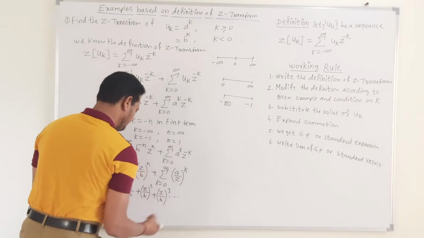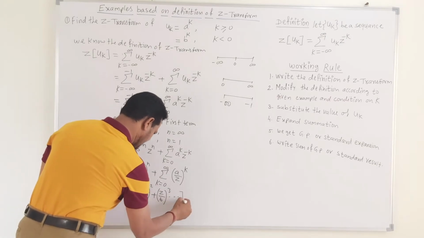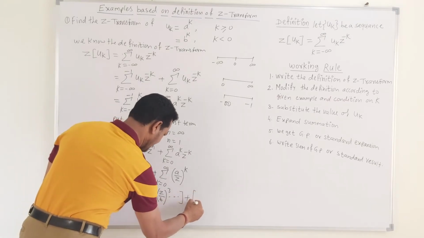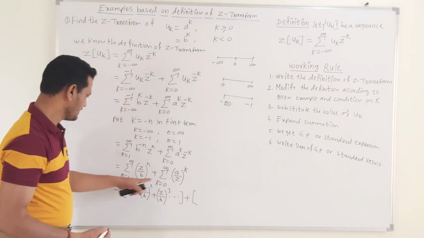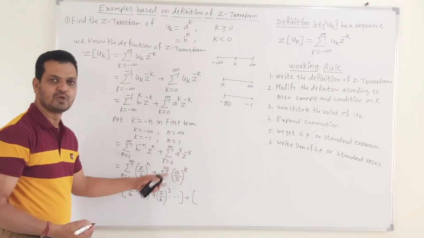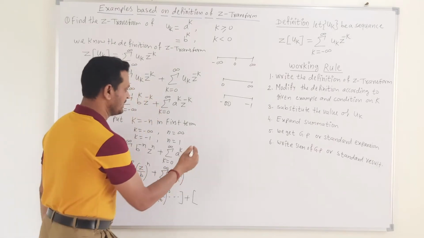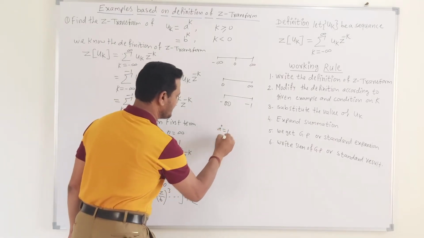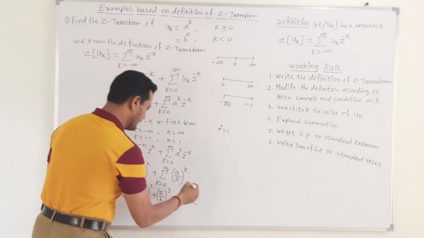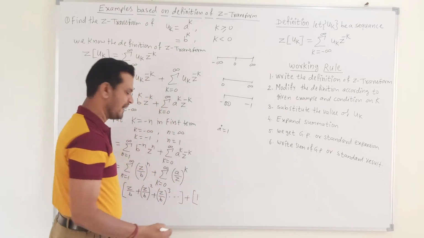So this is the value of the first summation sign. Plus, just expand the second term. Here k goes from 0, so that means a upon z raised to 0, and something raised to 0 is 1, so we write the first term as 1.